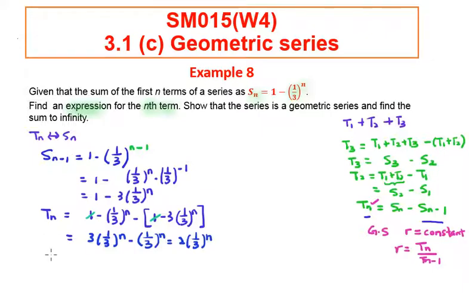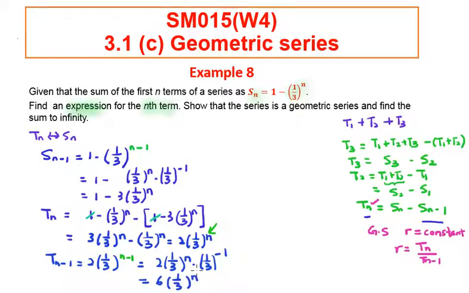Let's carry on to find Tn minus 1, which is equal to 2 times 1/3, substituting n as n minus 1, which is equal to 2 times 1/3 to the n times 1/3 to the power negative 1, which is equal to 6 times 1/3 raised to power n.